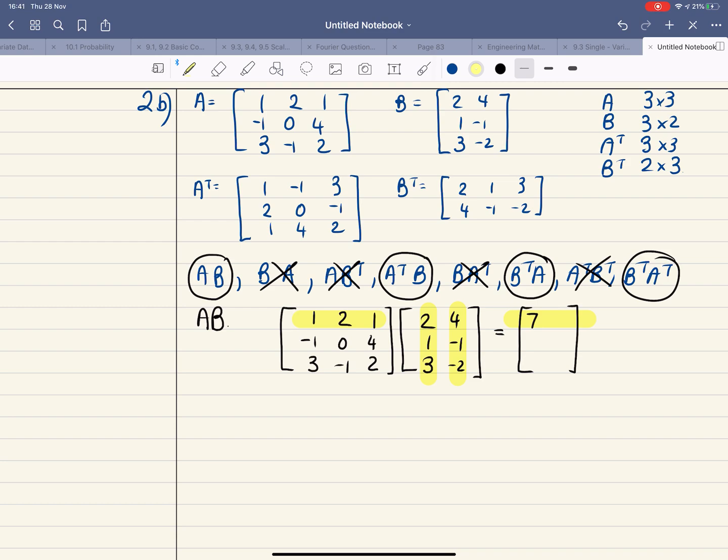So it's 4 minus 2, which is 2, minus another 2, which is nothing. Then the second row, first column: minus 2 plus nothing plus 12, that's 10. And then it's minus 4 plus nothing minus 8, minus 12.